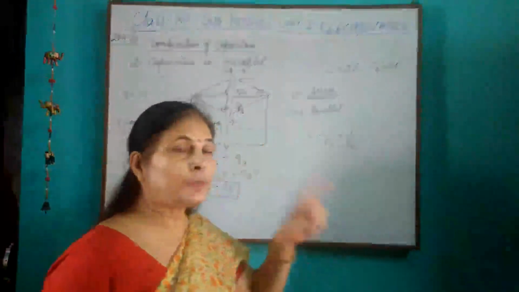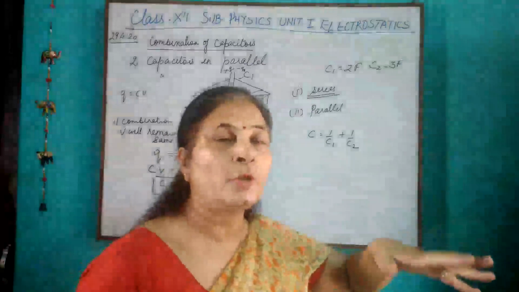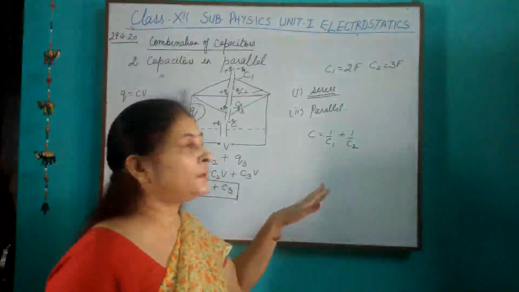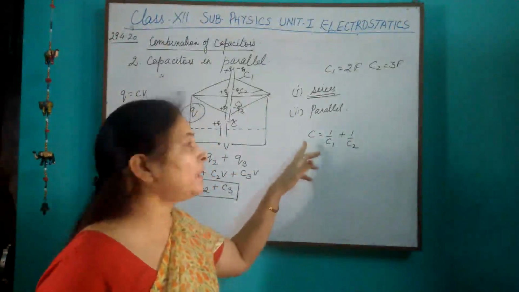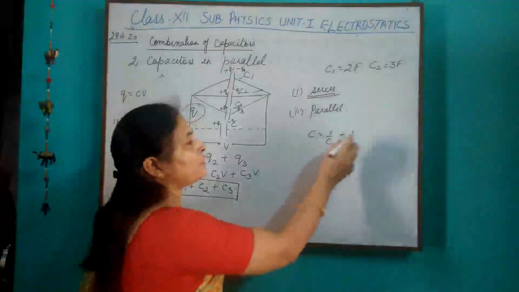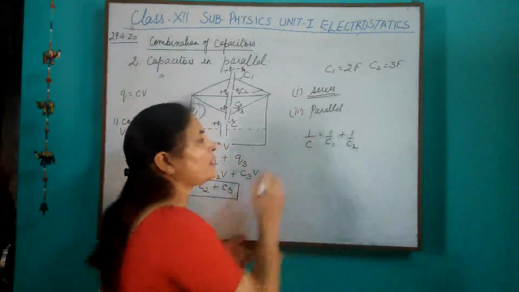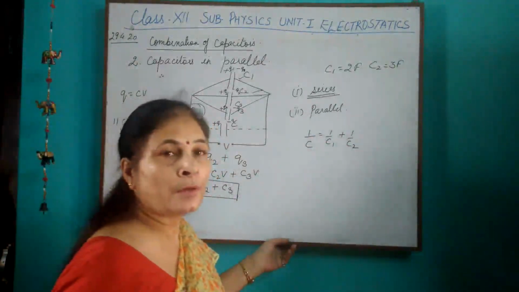The first mistake is that you simply interchange it with the formula of resistor. That is another thing. But even if you remember the correct formula, then also this mistake is commonly made. Very, very commonly made. You have to be very careful in writing it as 1 upon C is equals to 1 upon C1 plus 1 upon C2.